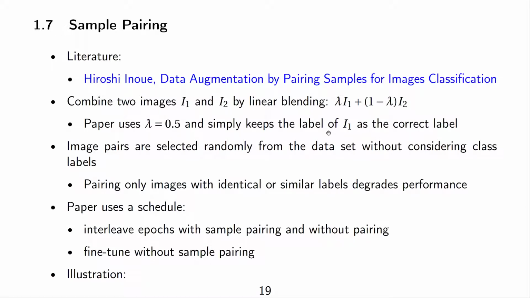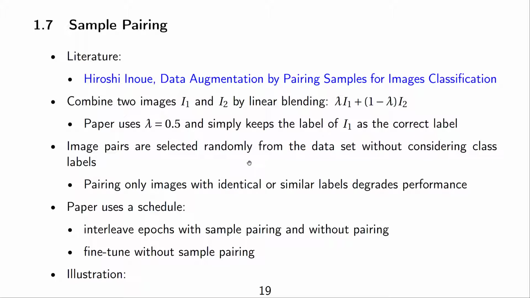The interesting design choice here is that the authors simply keep the label of image I1 as the correct label. Even though the two images I1 and I2 are blended with the same weight, lambda equals 0.5, the authors propose to simply keep the first label as the correct one during training.